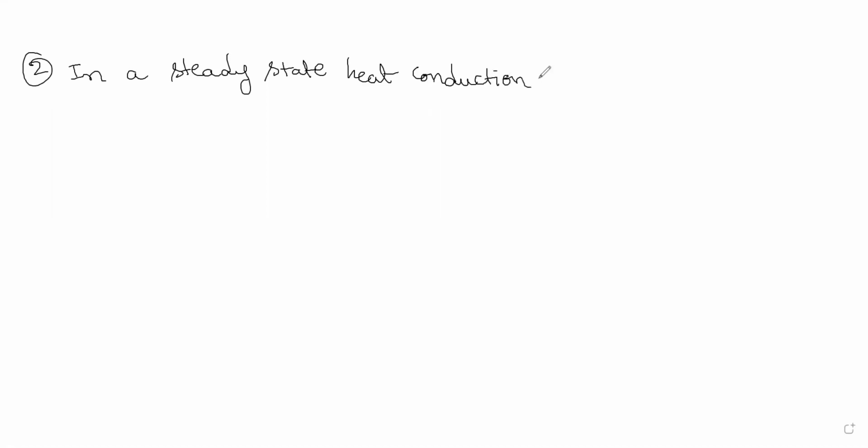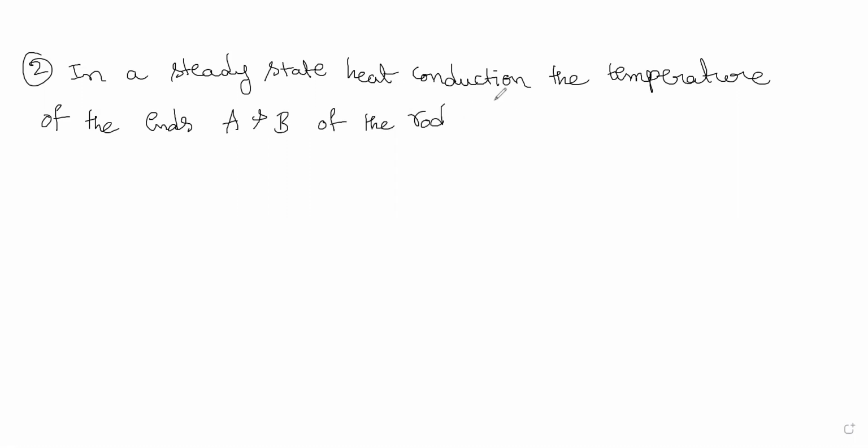Now, in a steady state heat conduction, the temperature of the ends A and B of the rod, 100 centimeter long, are 0 and 100 degrees centigrade.